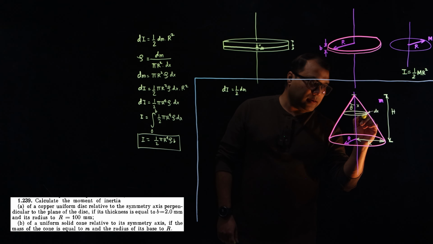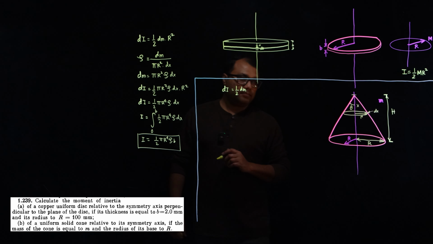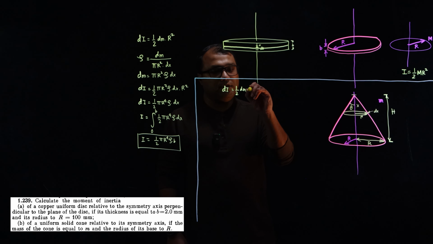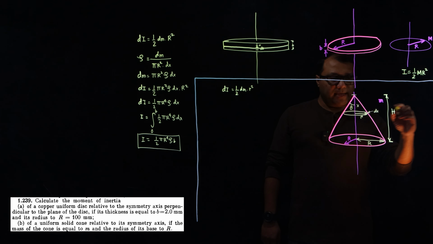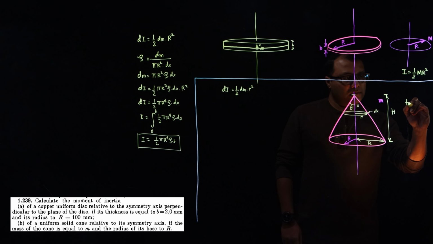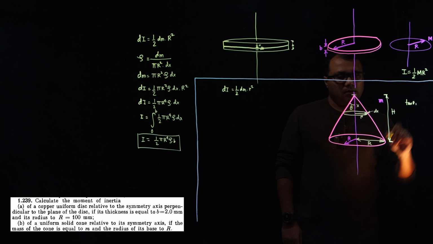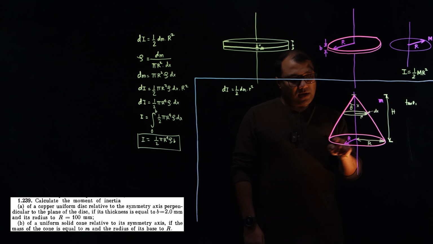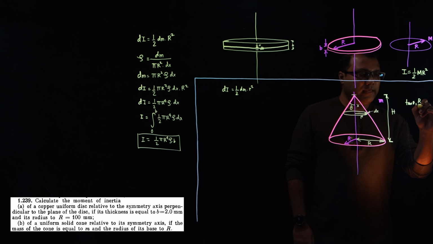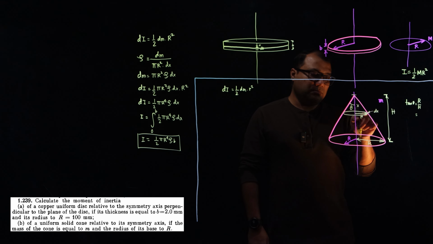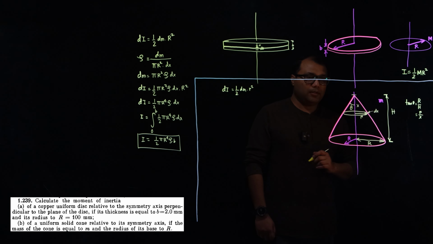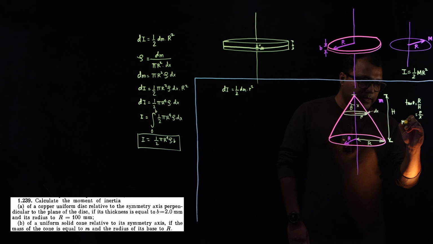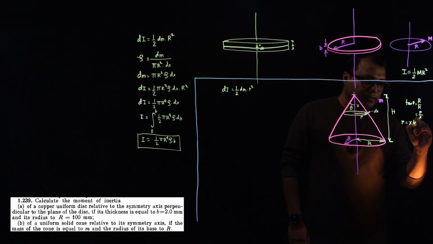Now r here is small r. So let's write r square. Now how can we find r? Now see here, tan theta is capital R by h. It is also equal to small r by x. So small r we can write as x tan theta.